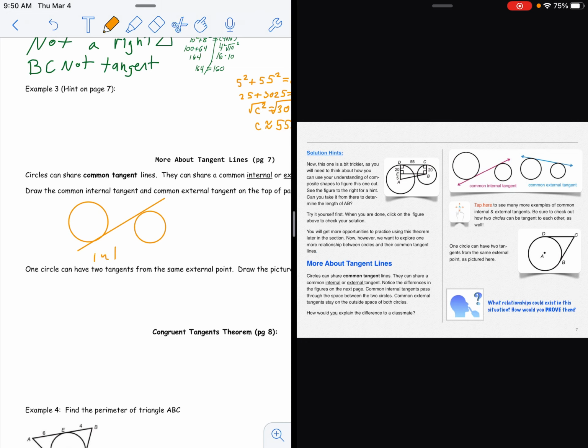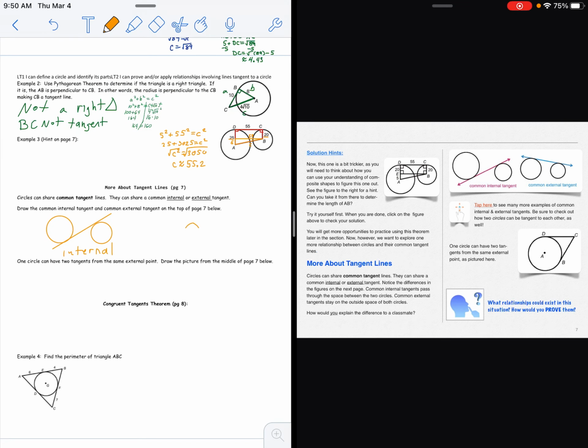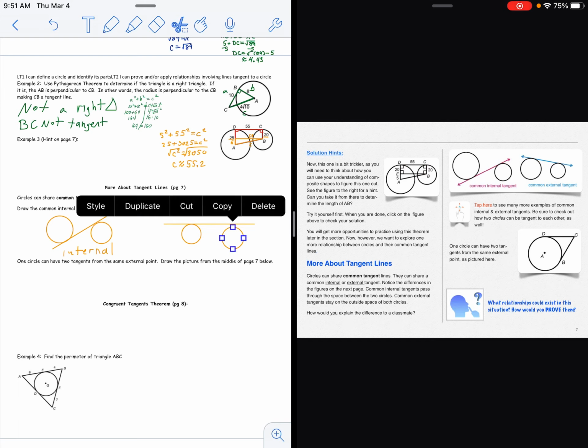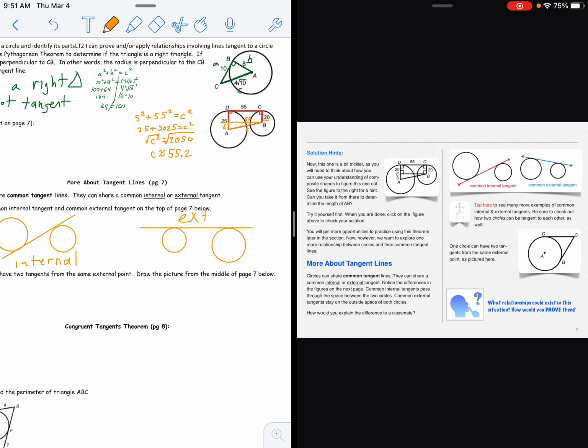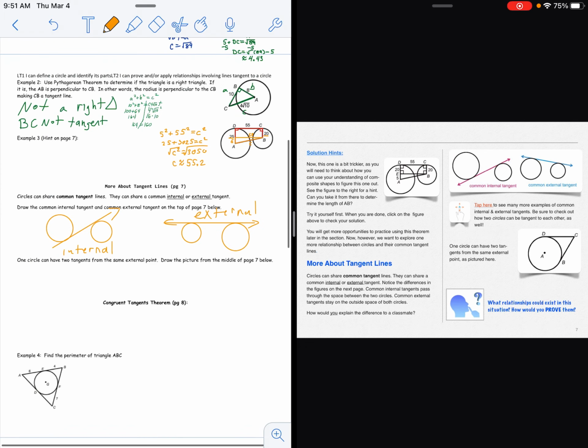That would be a common internal, because see how it touches on the inside, and then we have a common external. Touches on the outside. So common internal, common external tangent lines. Remember, they only touch at one point, so they're touching one point in two different circles.